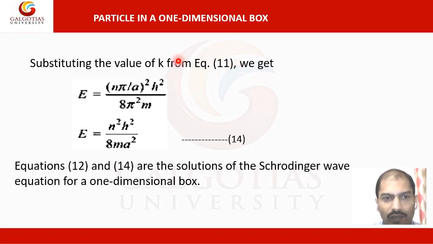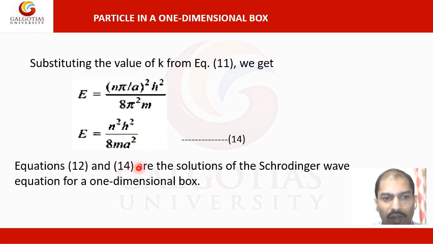So substituting the value of k from equation 11, you will get n pi upon a, squared, into h square upon 8 pi square m. After solving this and making it in a simpler form, it will take the shape equal to n square h square upon 8 m a square.